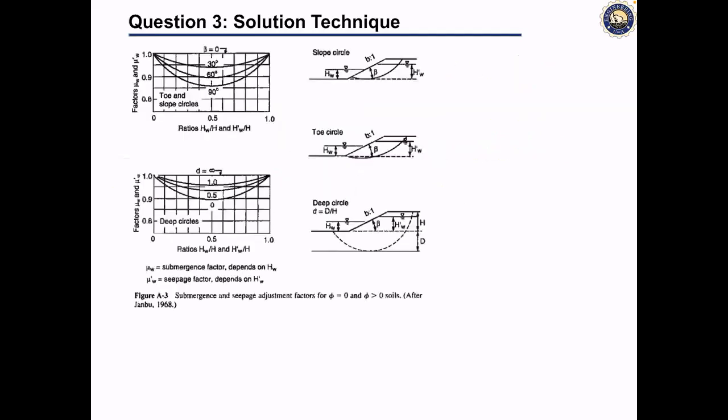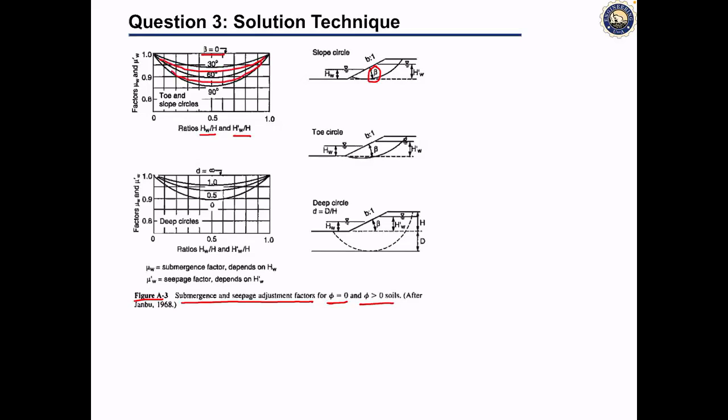Now, coming to figure A3, where the submergence and seepage adjustment factors for phi 0 and phi greater than 0 soils are provided, we go to our particular circle and, using this ratio HW over H or HW prime over H, and this beta angle, we can interpolate for whatever angle we have.